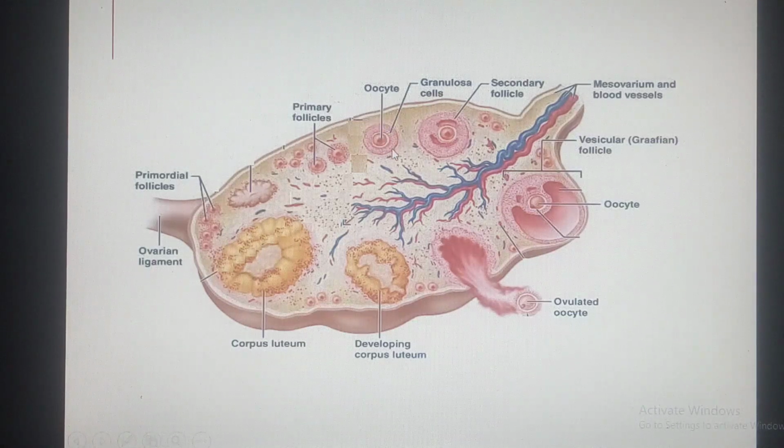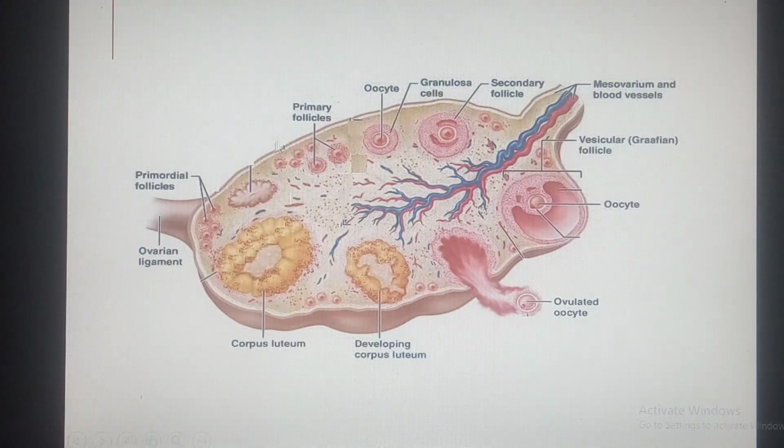So roughly the number of ovulated secondary oocytes or ova in a female will be around 400 to about 500 of them. Someone may go through menopause around age 40, someone at 45, some around age 50 or 52. So we may have this kind of variation. But from 400 to 500 throughout a lady's reproductive cycle, we'll go through this.